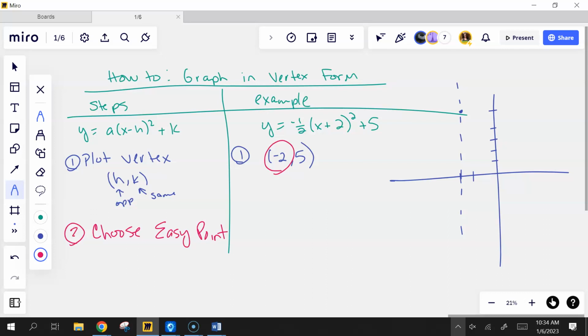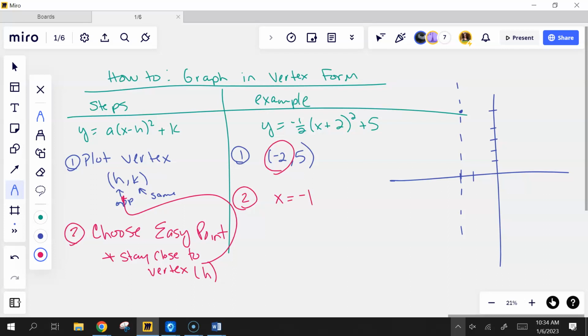Negative 1. That's what I would do too. So I'm going to put a note here that says stay close to the vertex. The x of the vertex, so I'll put h here.